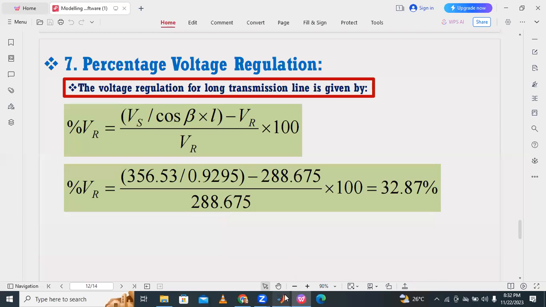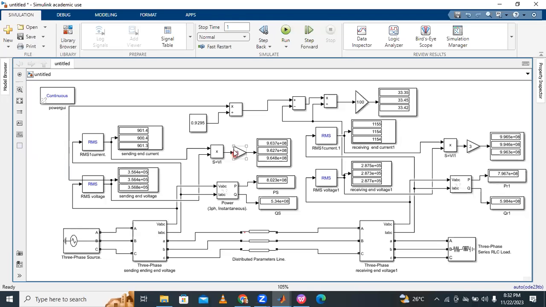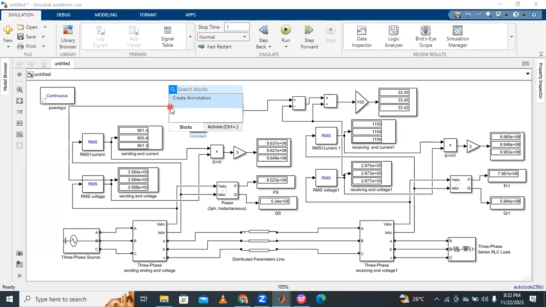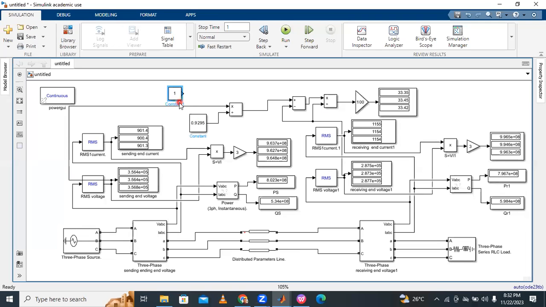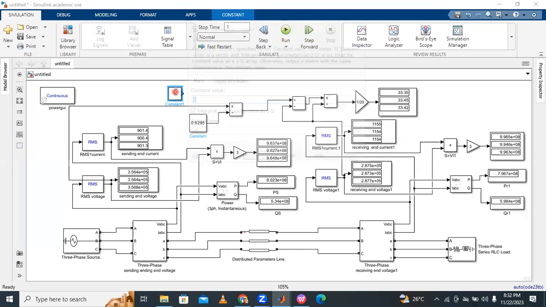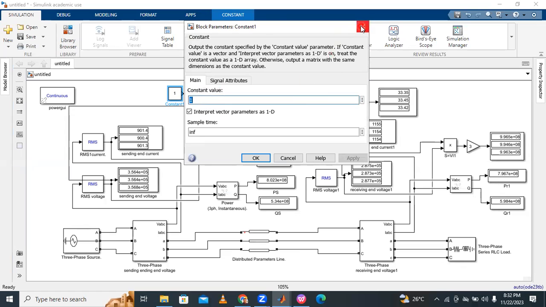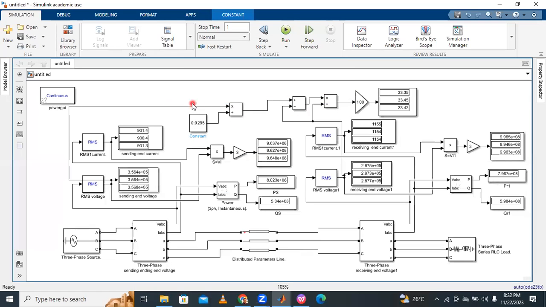So to find the regulation, first take one block, cos beta L, which is 0.9295. Then take one constant block right here and place an open constant instead of 1. According to our calculations, cos beta L is 0.9295.